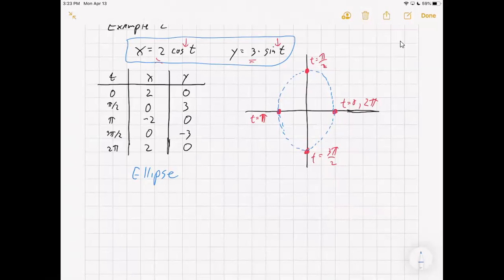I can show that it's an ellipse, though, because I know that the cosine of t must equal x over 2. And I know that the sine of t is equal to y over 3. And I know that cosine squared of t plus sine squared of t must be 1. Okay, the Pythagorean identity, that must be true.